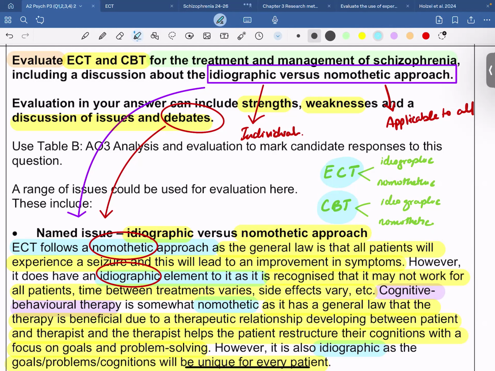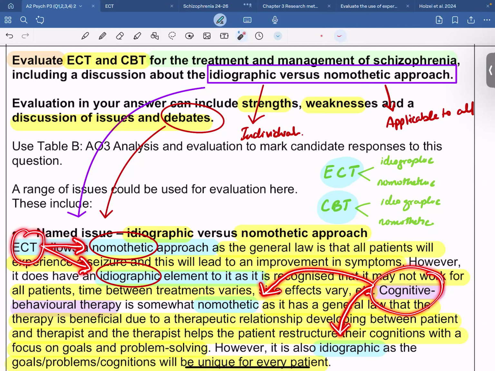So as we speak about ECT, we'd initially talk about how ECT could be nomothetic as well as how ECT could be ideographic. And when we discuss cognitive behavioral therapy, that is CBT, I'll try to see how it is both nomothetic and ideographic.